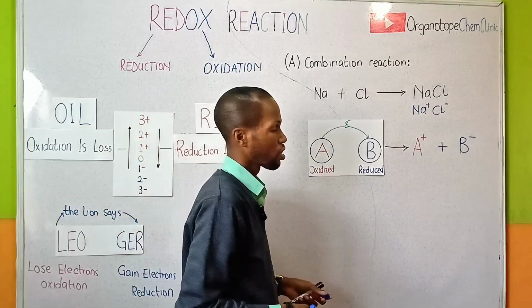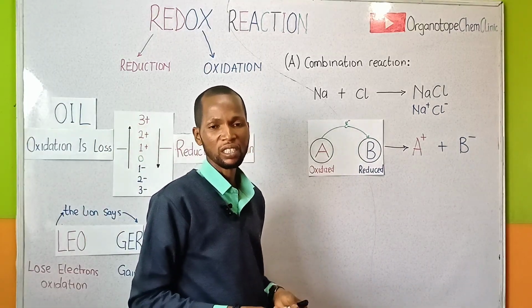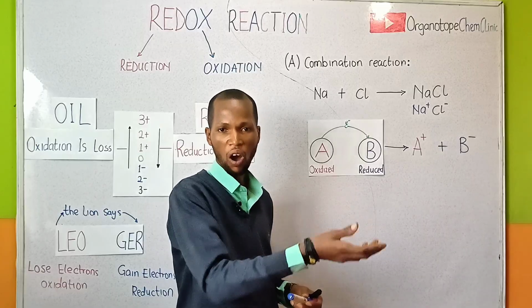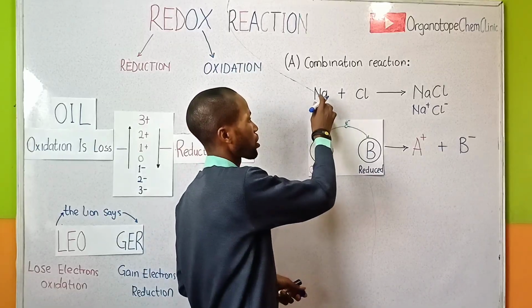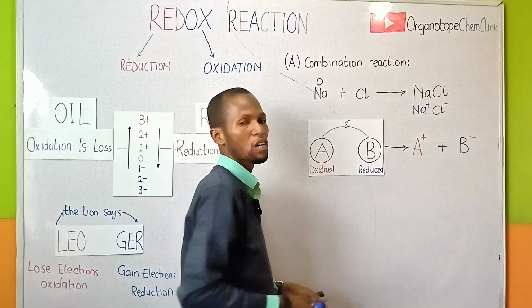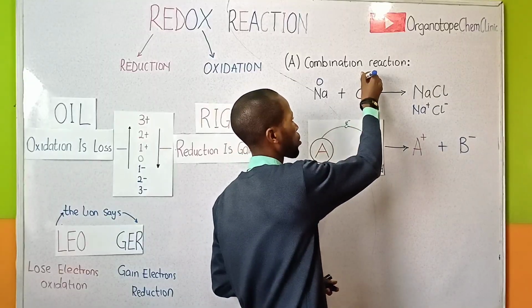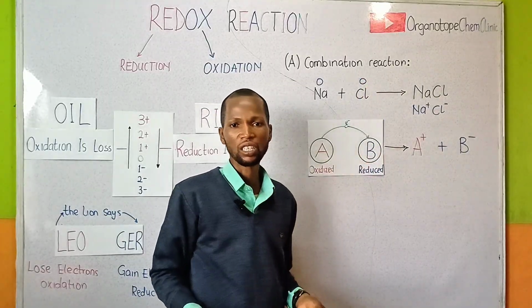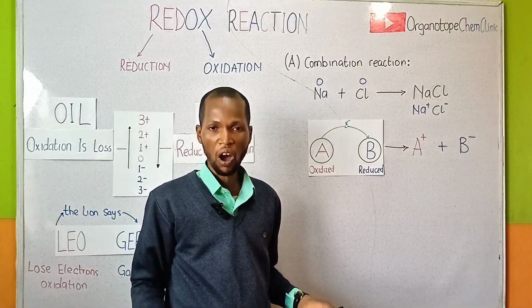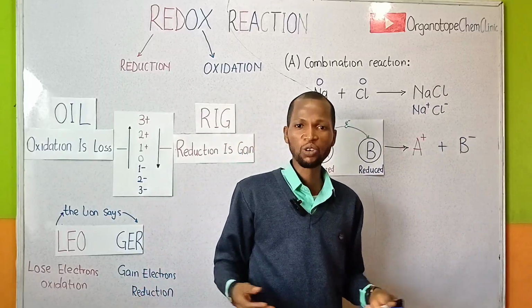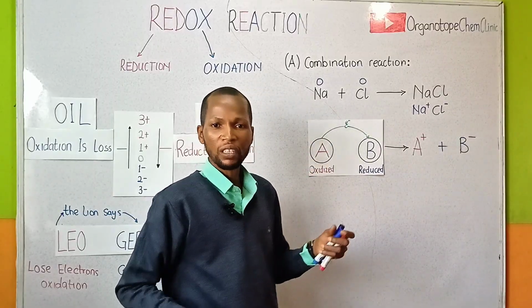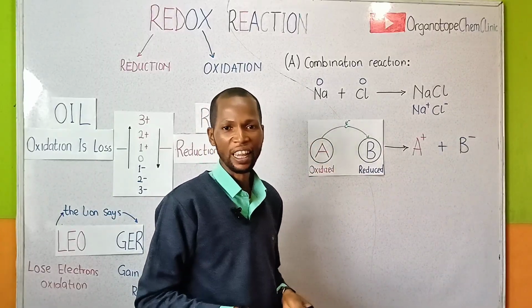Make sense? Now let's consider the oxidation state of the parent atom before combination. The sodium atom here has oxidation number of 0, while the chlorine atom has the oxidation number of 0 as well before combining. For combination to occur between these two atoms, there must be exchange of electron.